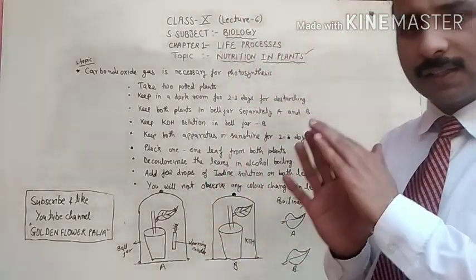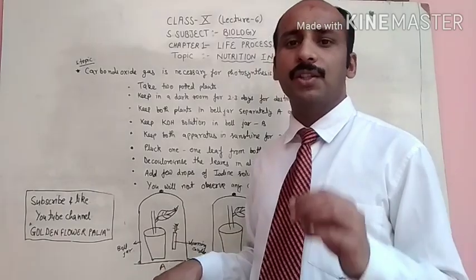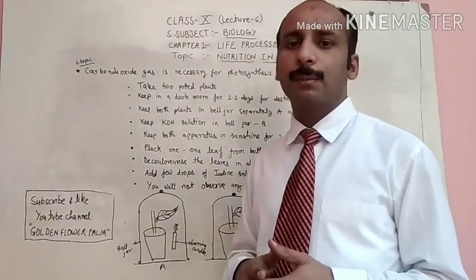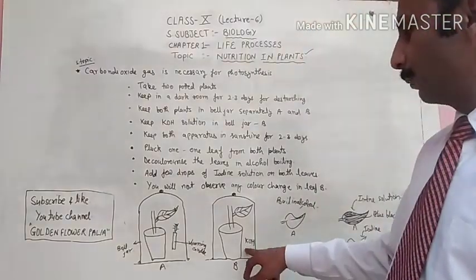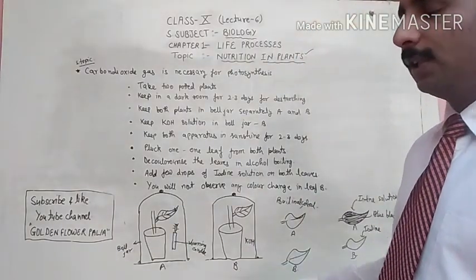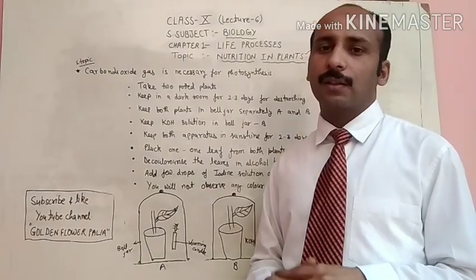In simple words, the plant kept in the bell jar A is getting the carbon dioxide, but the plant kept in the bell jar B is not getting the carbon dioxide.